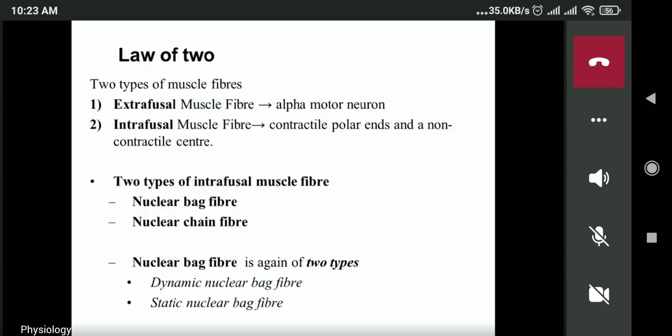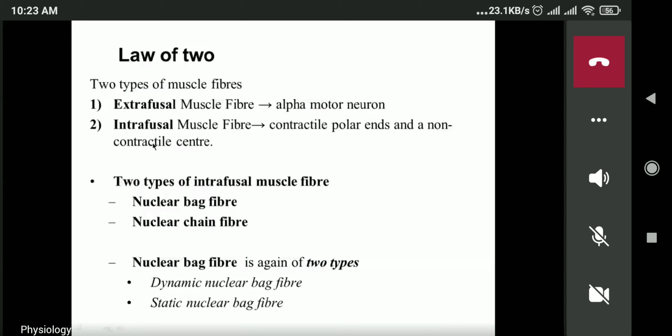So we can think about the law of two, all are two. Two types of muscle fibers. One is extrafusal and is innervated by alpha motor neuron. Another is intrafusal muscle fiber, which has contractile polar ends and a non-contractile center.